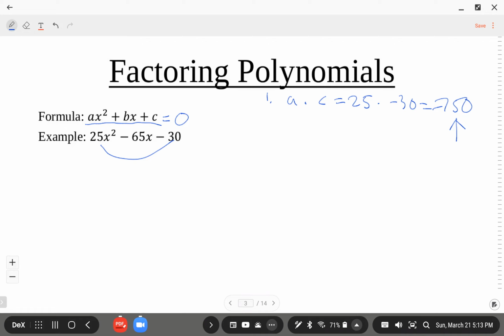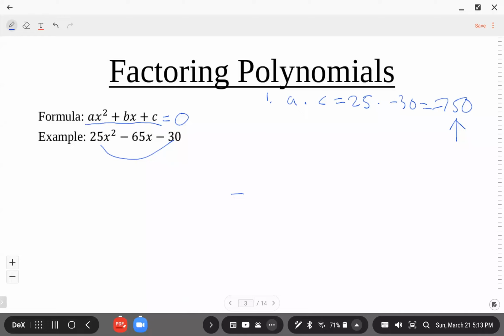So what are two numbers that multiply to negative 750 and then add up to negative 65? That would be negative 75 and positive 10.